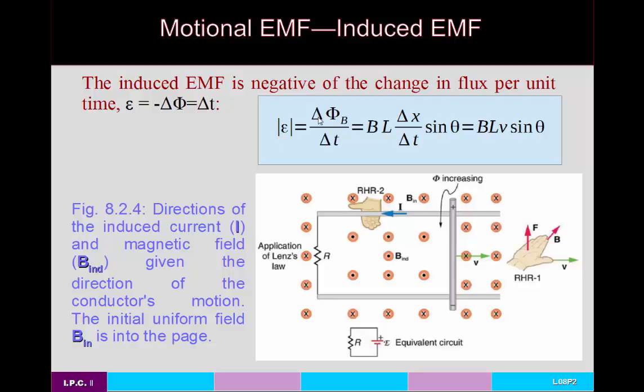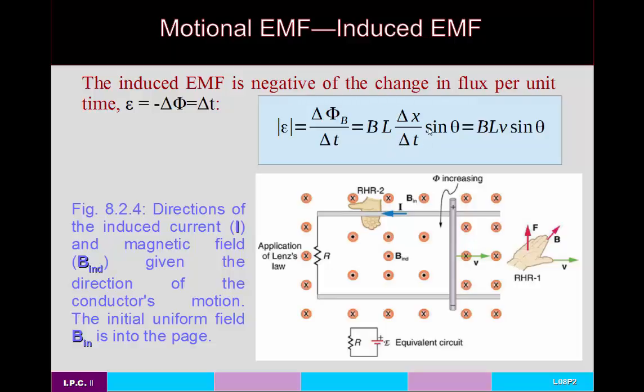Basically it looks like delta of the flux divided by the time, so change in flux per unit time. And since the change in flux is the magnetic field dotted with the change in area vector, you would get magnetic field times length times delta x times sine of theta all over delta t.